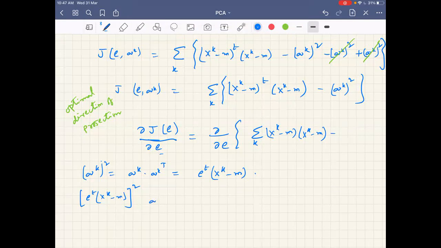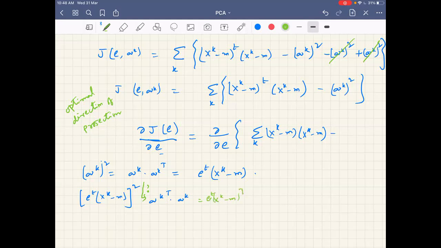So I will tell the difficulty. If I write AK square as AK transpose into AK, this is the question, right? This or this. So if I write this and expand, see what happens. Expand (xk minus m).